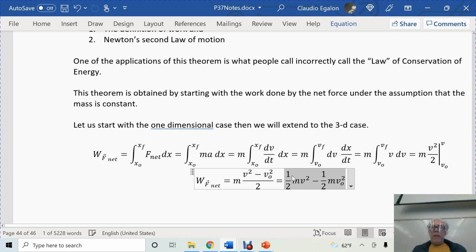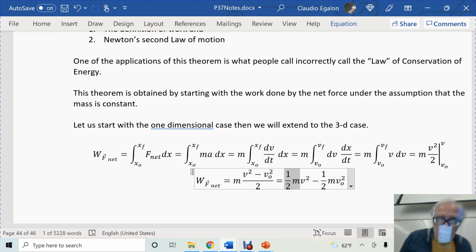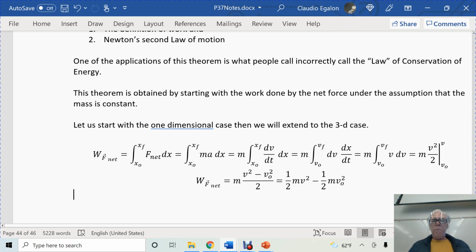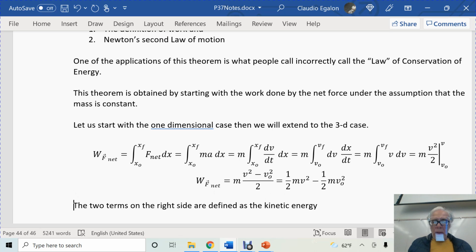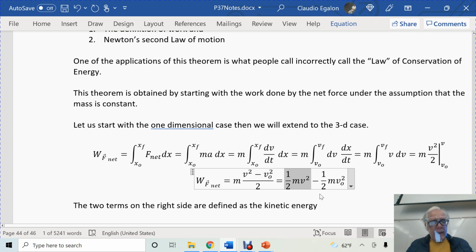Okay, because this term that you see here shows up so frequently, half m v squared, we call it some type of energy. We call it the kinetic energy. The two terms on the right side are defined as the kinetic energy. That's why we call it the work-kinetic energy theorem.